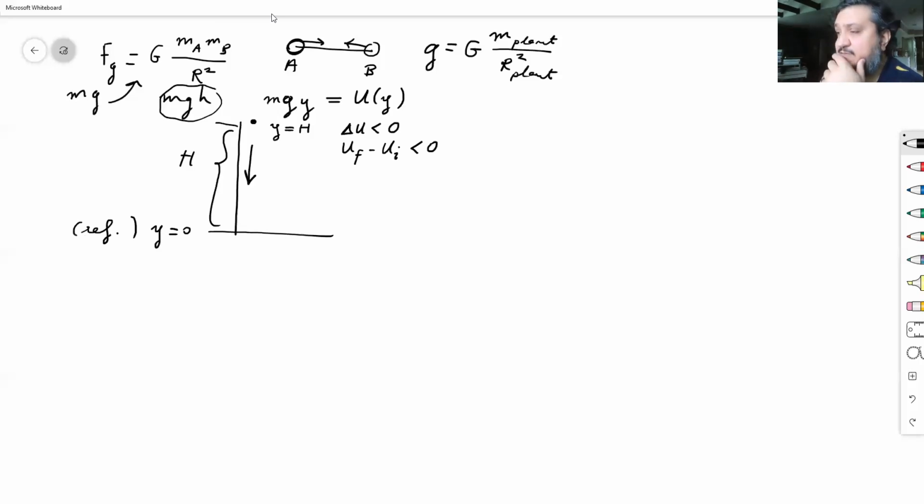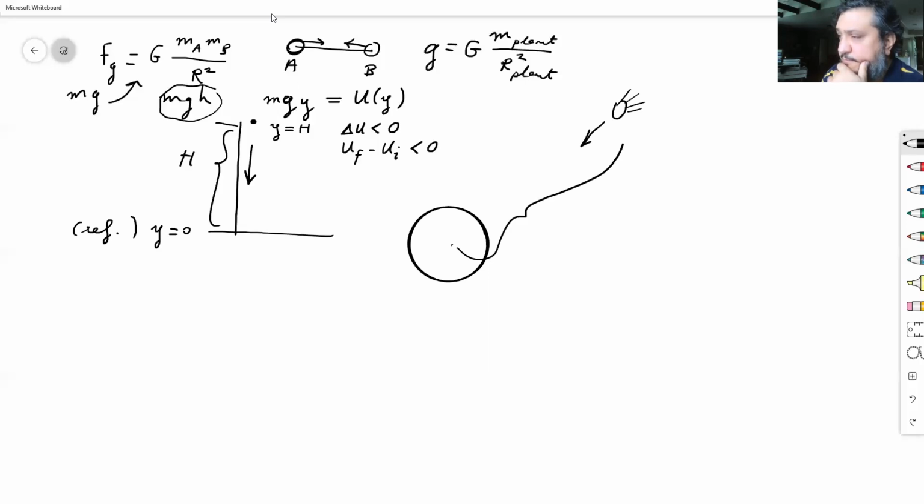So what happens if you consider falling from a really high building, or let's say a comet approaching Earth this way? It's millions of miles away from the center of the Earth.